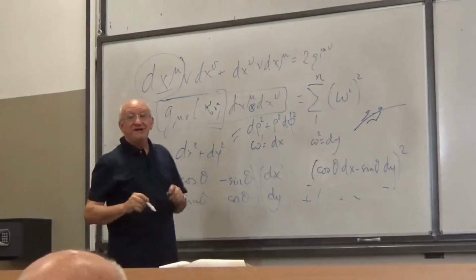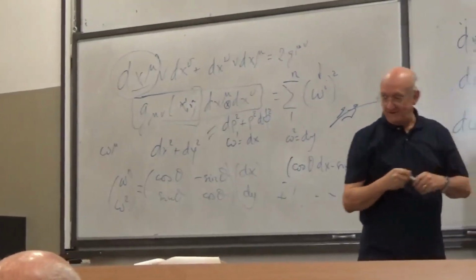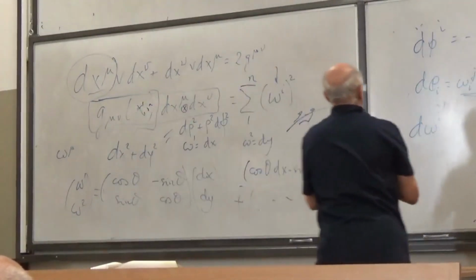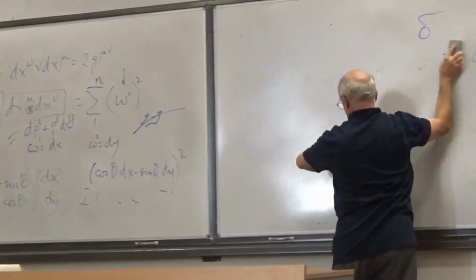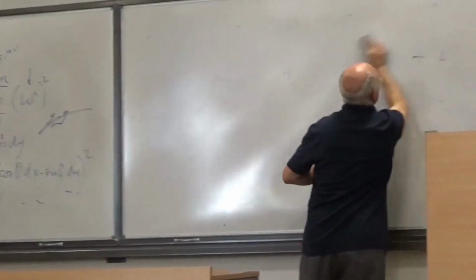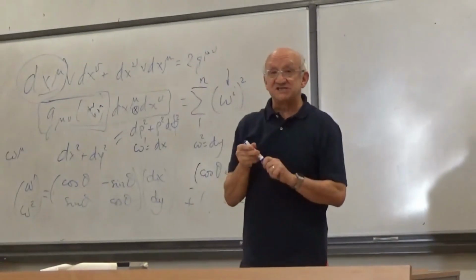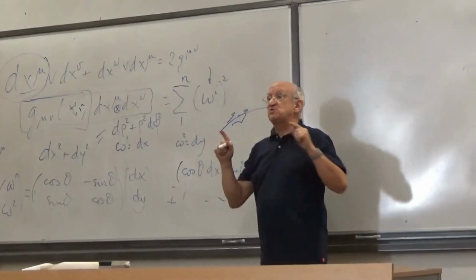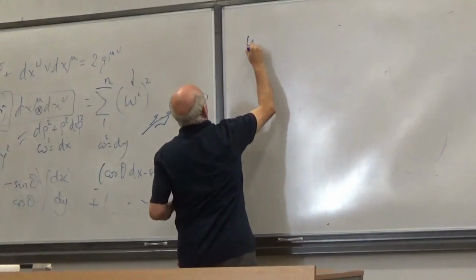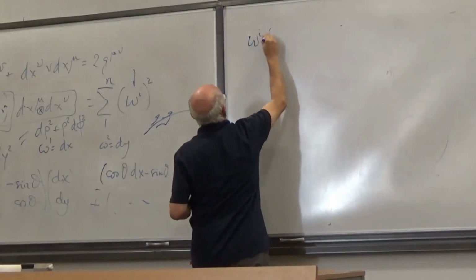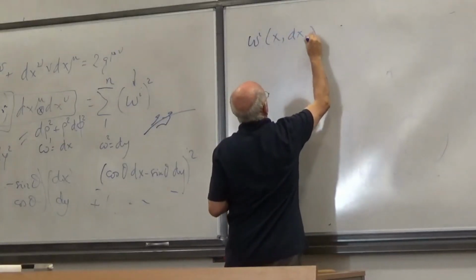Remember that the ones in which I'm interested, the ones whose sum of squares gives us the metric, are functions of the x's, the dx's, and some of the angles lambda.